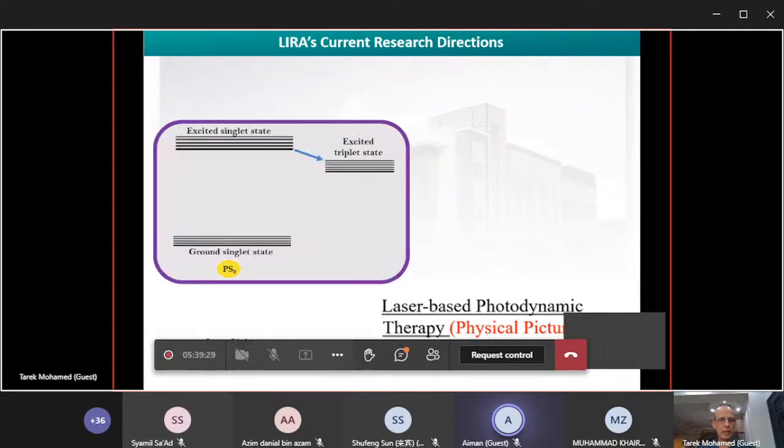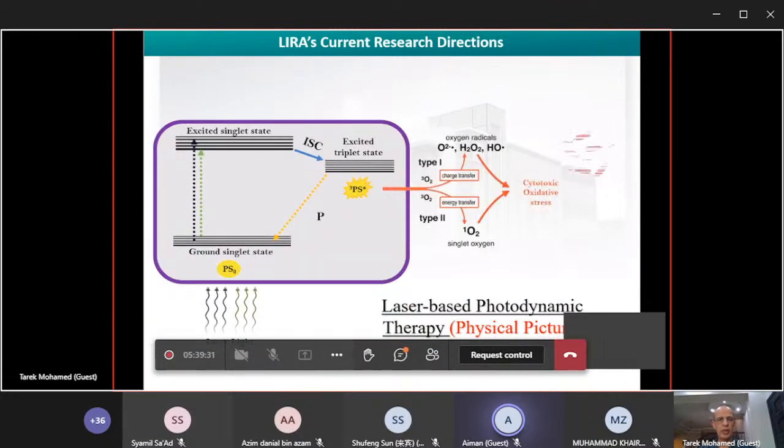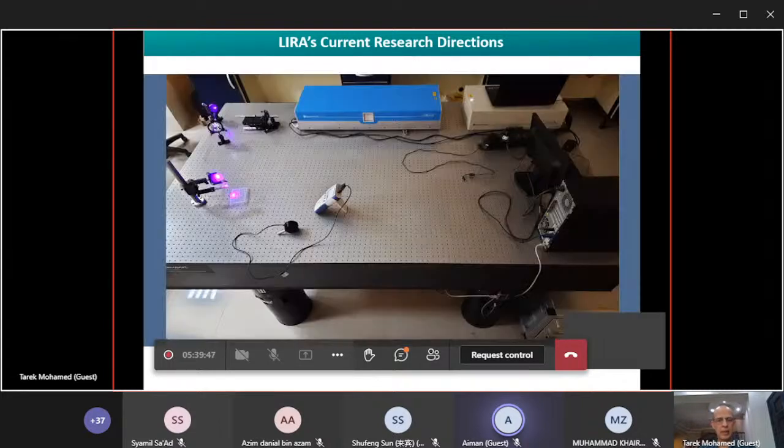Here is a physical picture of laser-based photodynamic therapy. It helps in creating reactive oxygen species. And here's the setup for doing this one.